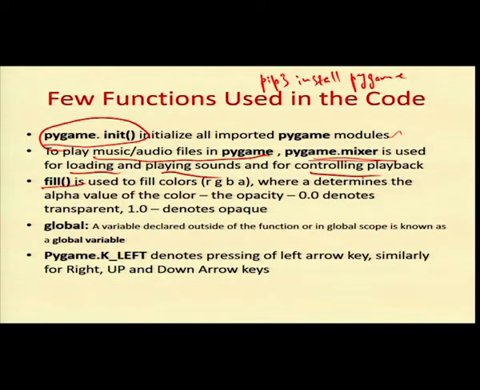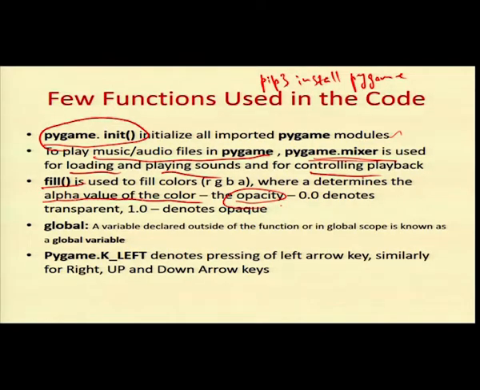Apart from RGB, you have one other attribute called A. A denotes the alpha value of a color. My dear viewers, what is an alpha value? This alpha value specifies the opacity. What do you mean by opacity?